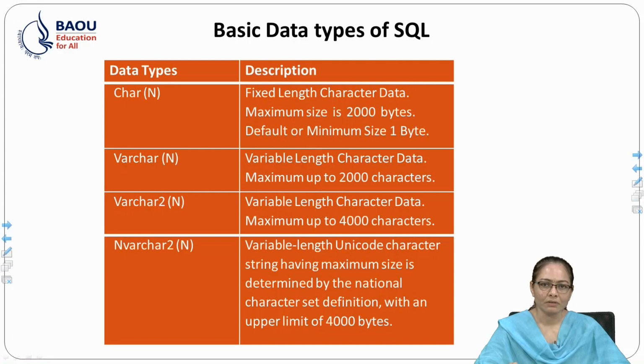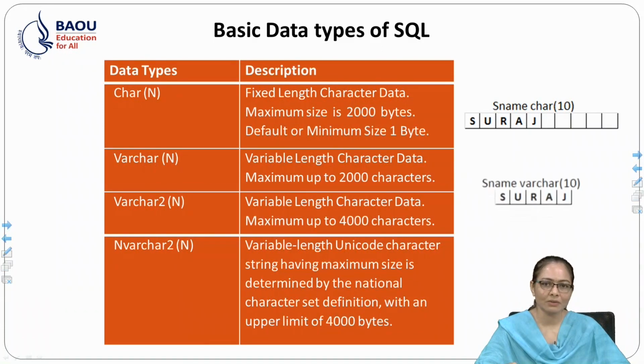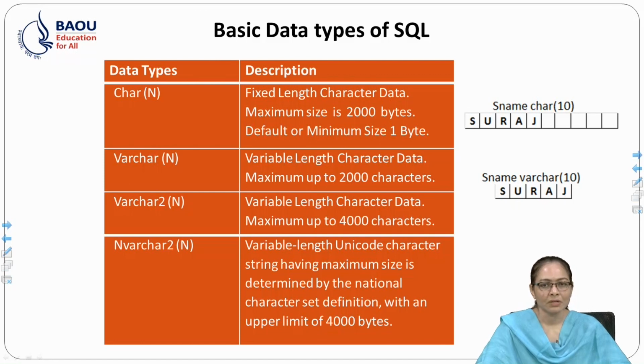Now first of all, what is fixed size and variable size? For example, the student name column has the size CHAR(10). If we store a 5 character name like Suraj in CHAR(10), then in the CHAR data type the remaining 5 character space is not free, but it allocates blank space in the memory.